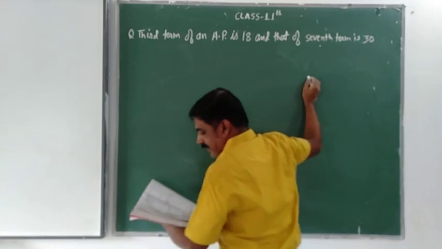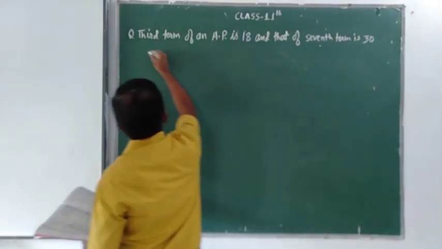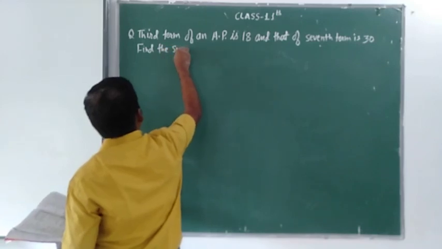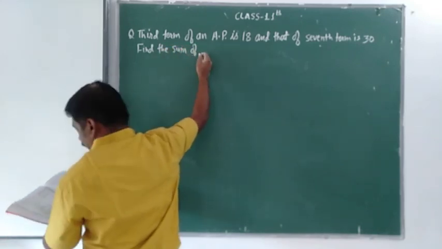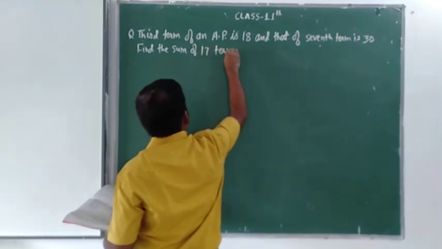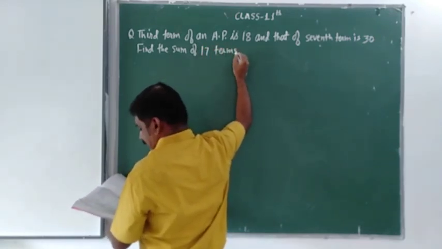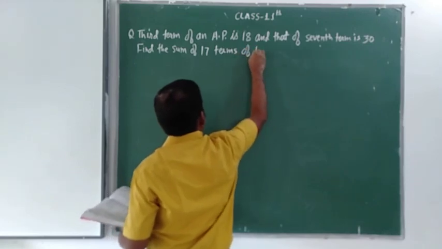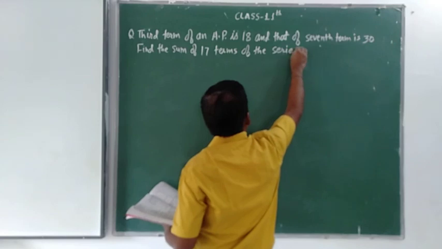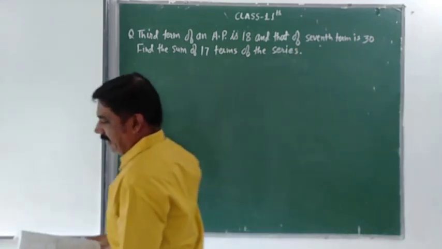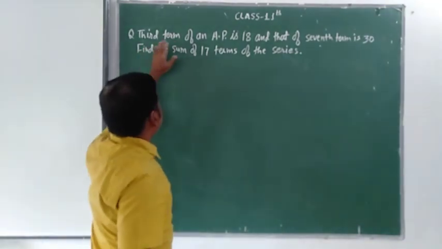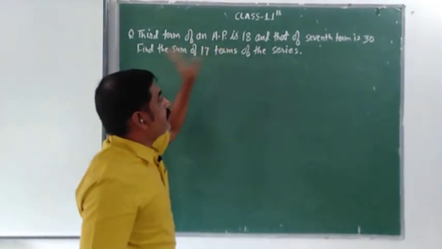Find the sum of 17 terms of the series. So what we have given, third term of an AP is 18.